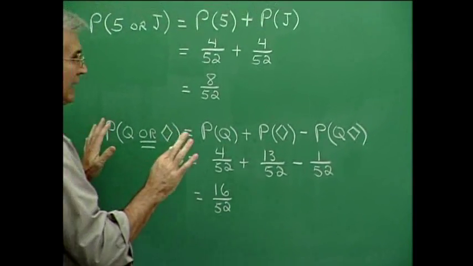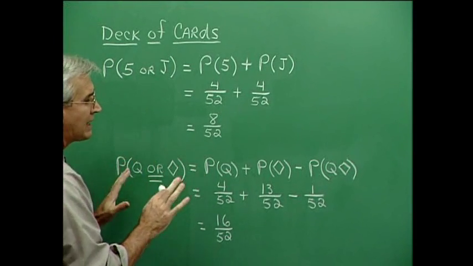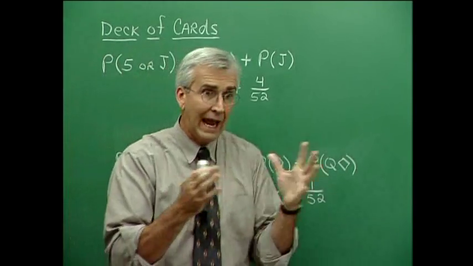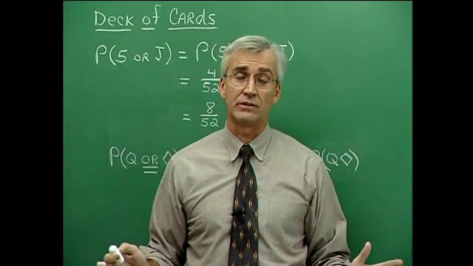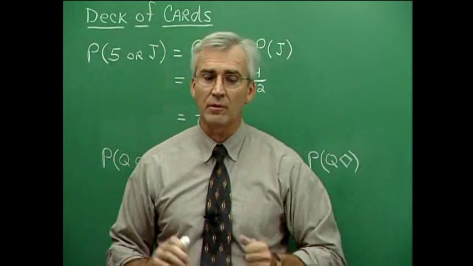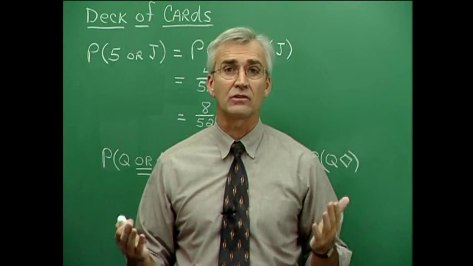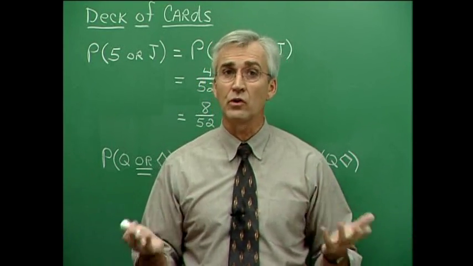Okay, now we can extend the idea of adding probabilities when we use the word or, by just saying that in all cases, let's add the separate probabilities and subtract the probability that they both happen at the same time. Then we don't have to worry about whether or not the events are mutually exclusive.